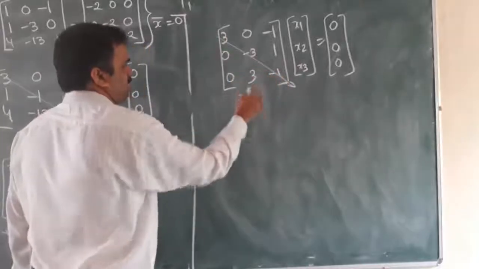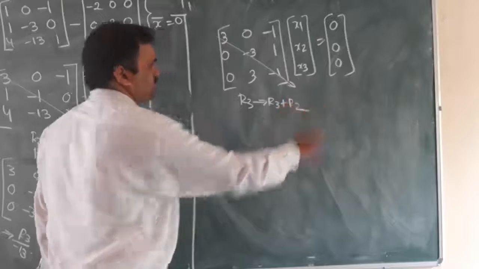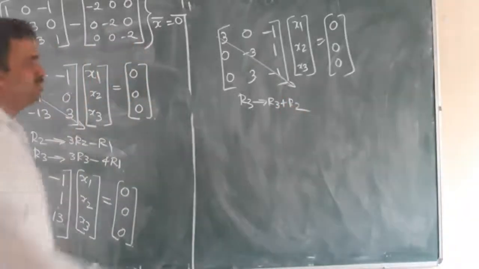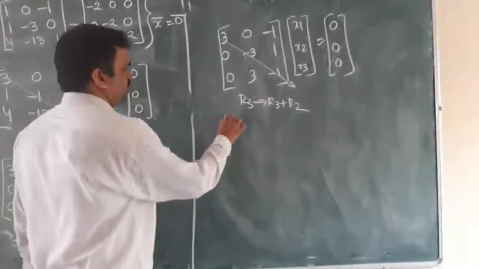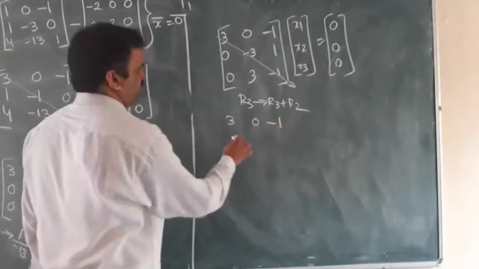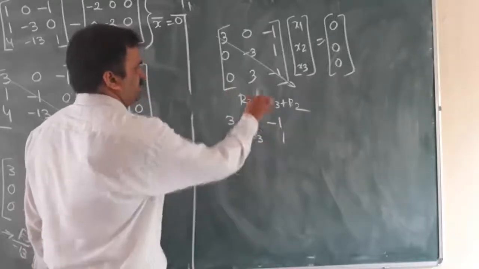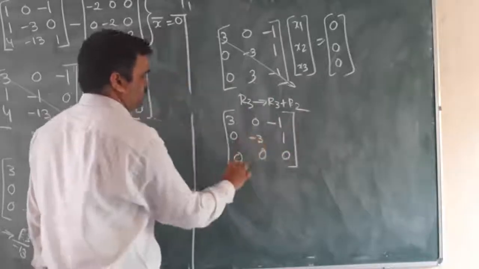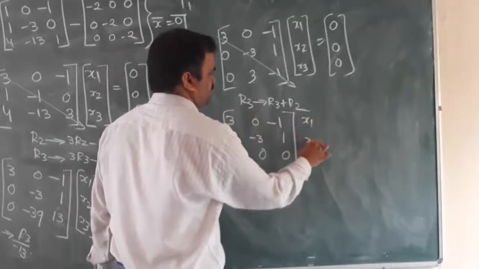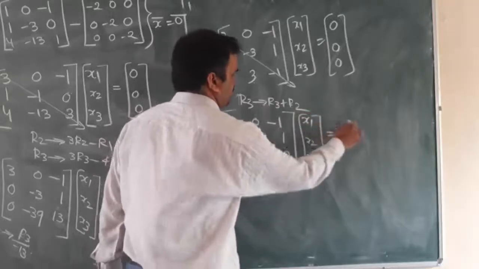Simply both are same one actually. R3 implies R3 plus R2. 0 row will get because both are same one. If difference is only minus, difference will get. So simply 3, 0, minus 1, 0, minus 3, 1, 0, 3 plus minus 3, 0, and this is also 0, into x1, x2, x3 equal to 0, 0, 0.